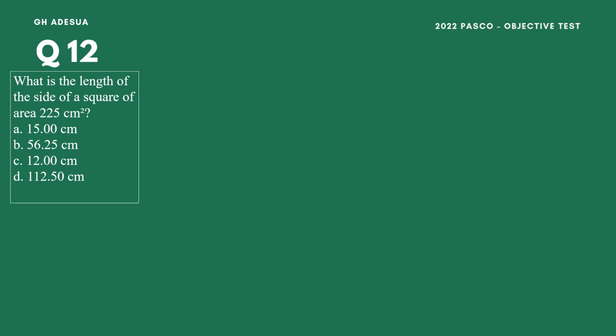We know that the area of a square is the square of its side. For our data, our area has already been given as 225 centimeters squared.